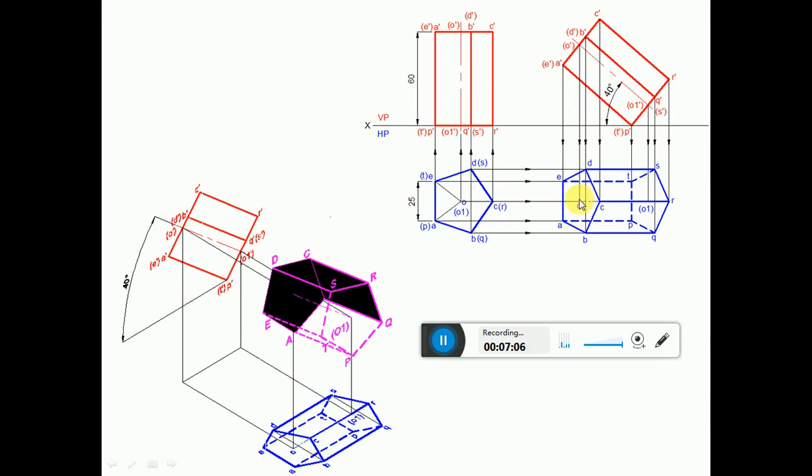Now the axis is parallel to VP here. Since the axis is parallel to VP, I am getting the true length here. So the inclination given is also the true inclination. So you redraw the first position front view here by rotating at an angle of 40 degrees to HP, such that the edge P dash T dash is on the XY line. So we consider P dash T dash on the XY line.